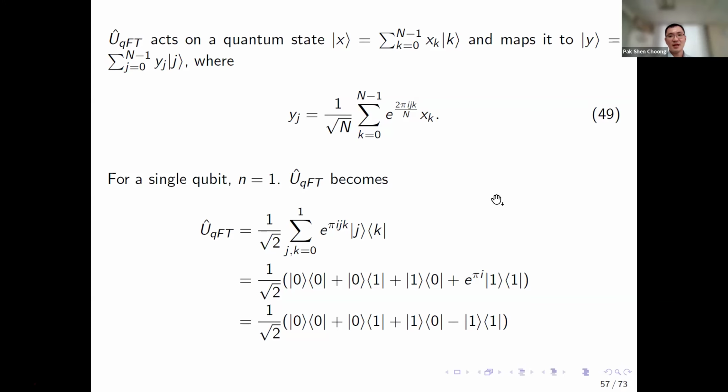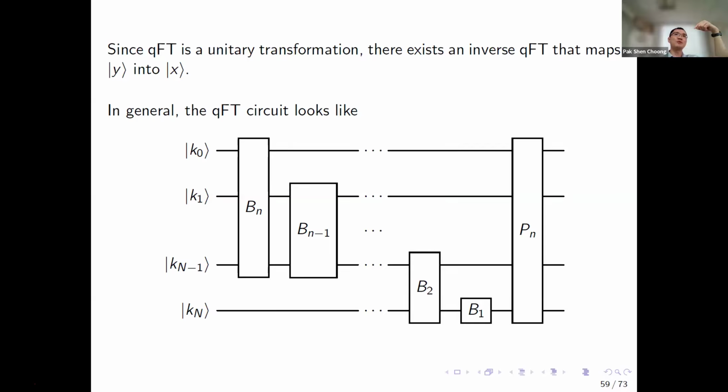Like for IBM, the way they label the qubits is sort of counterintuitive compared to what we write. So you need to do the permutations to transform the qubits. We usually write the states as K0, K1, K2 until Kn, so this is the first qubit and this is the last qubit.